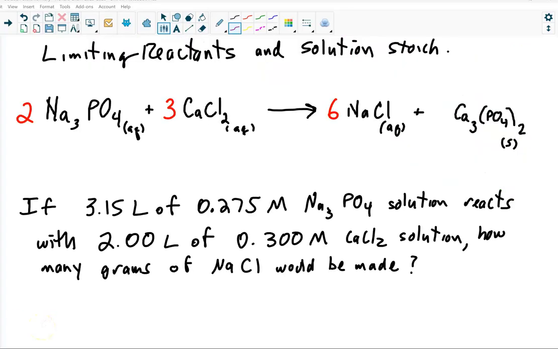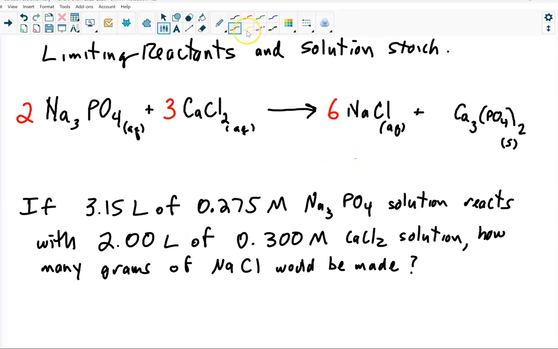Okay, so let's look at limiting reactants. In this case, it's a little different because instead of giving you the amount of one solution and asking about the amount of another solution, I'm giving you the molarity and the volume of both solutions. So let's write down what we know.